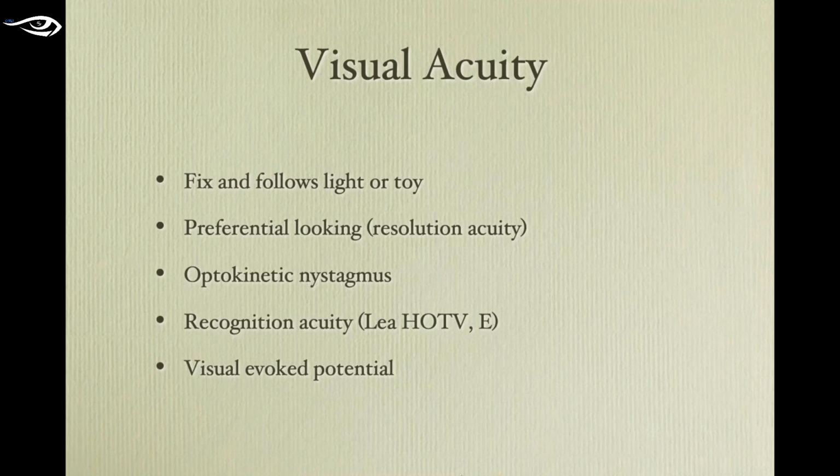And if the child objects to covering one eye versus the other eye, what does that tell me? It tells me that the vision on the eye that is being evaluated, in other words, the eye that's not under cover, is probably poorer than the other eye. And if the vision is poorer, in a sense, that's all I really need to know.